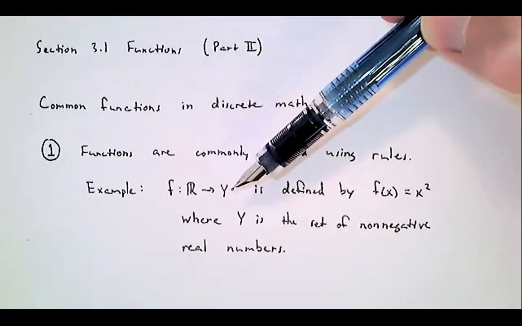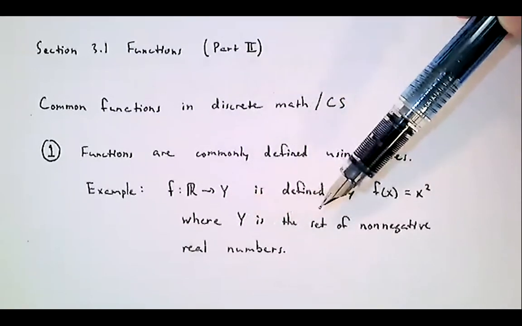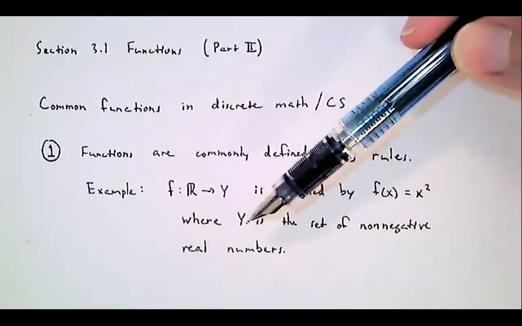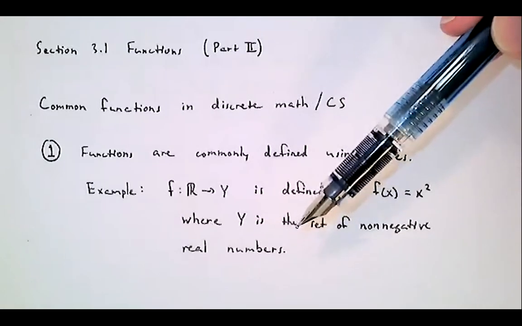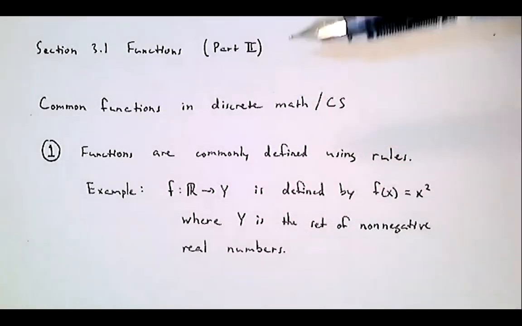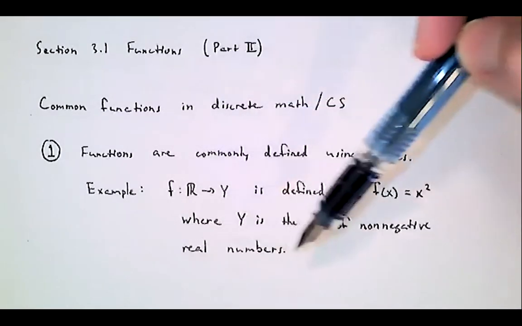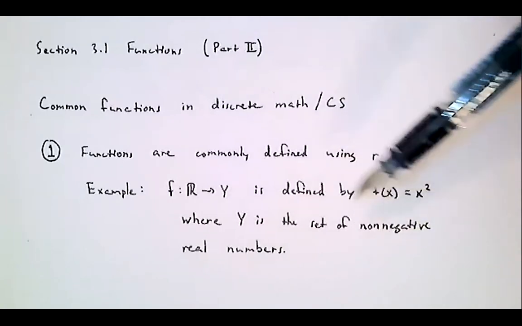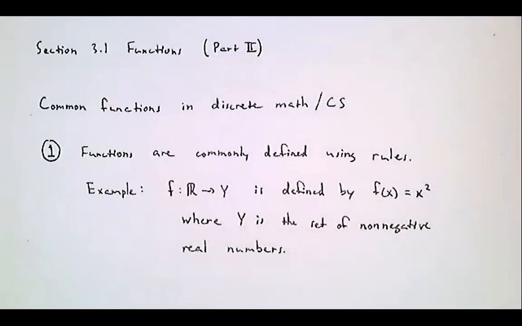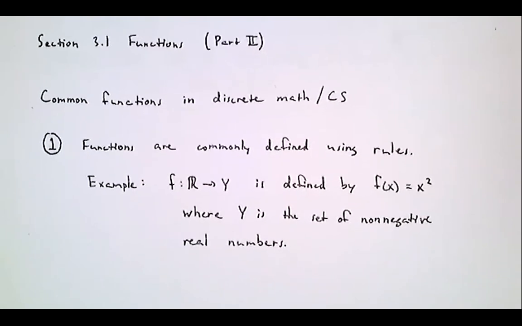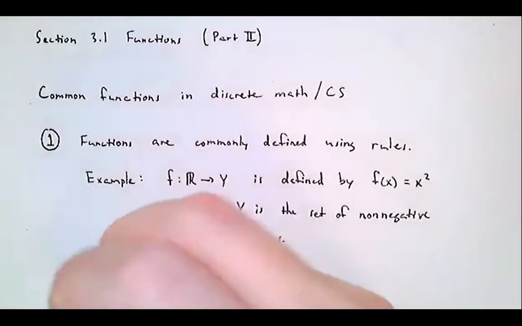And then I also have to tell you what Y is. It's, in this case, the set of non-negative real numbers, so the numbers greater than or equal to 0. This is probably a way that you're used to functions being defined. If you took a different math class like algebra or calculus, this is probably what you would see most of the time. So let's think about how this relates back to our ordered pairs.